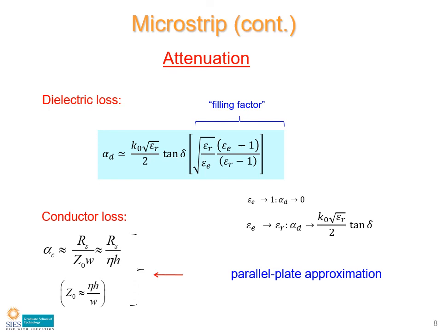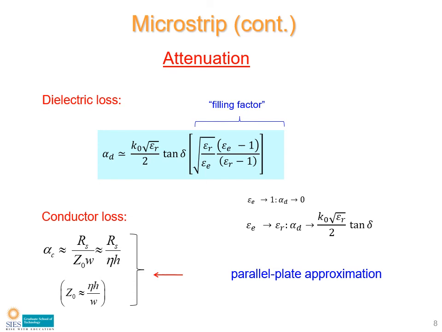Dielectric loss is indicated as alpha d, and that is equal to k0 under root of epsilon r divided by 2 tan delta, into under root of epsilon r, multiplied by epsilon e minus 1 divided by epsilon r minus 1. This total factor inside the bracket is called the filling factor.